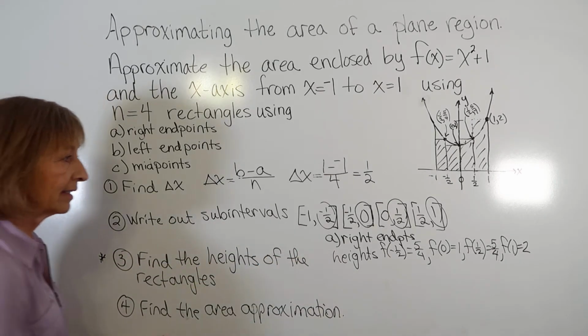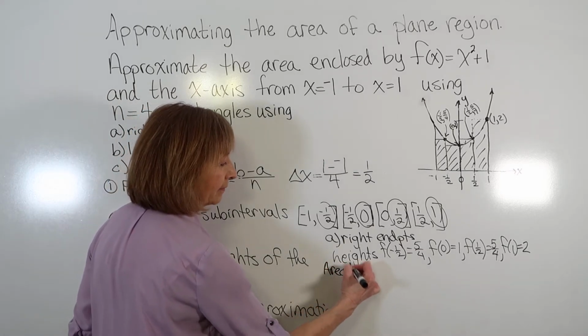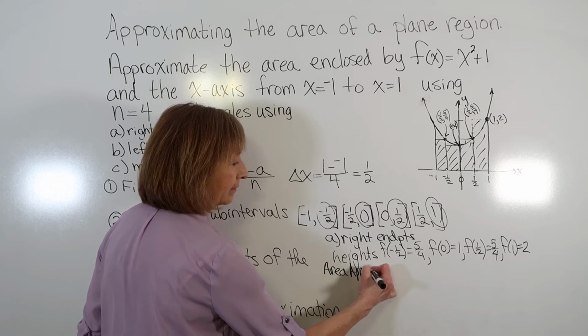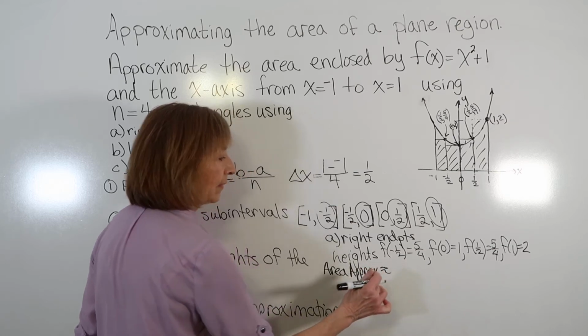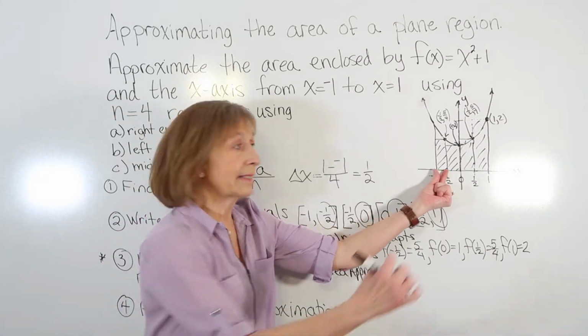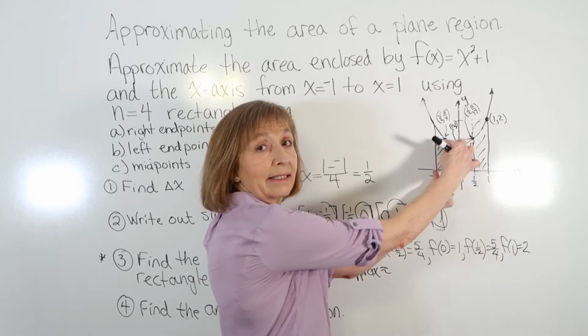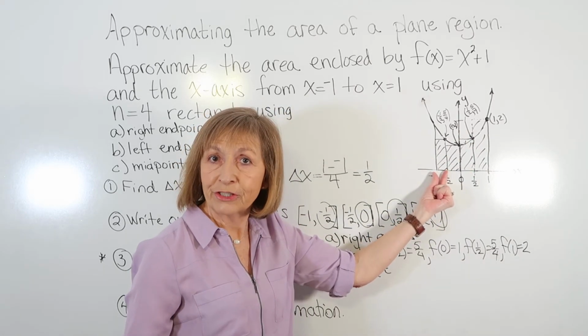Now the area approximation, well, how do you find the area of a rectangle? You take the base times the height. The base is just the width of your rectangle. That's your delta x.